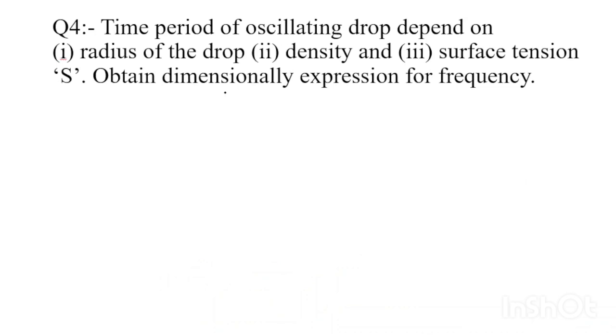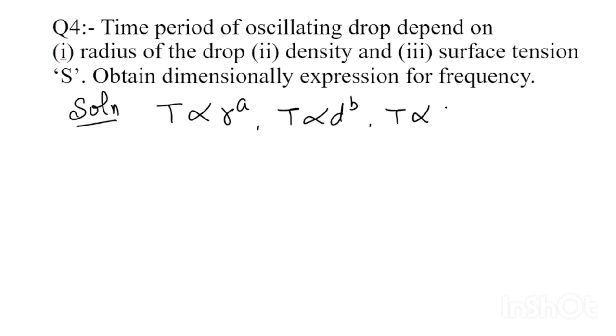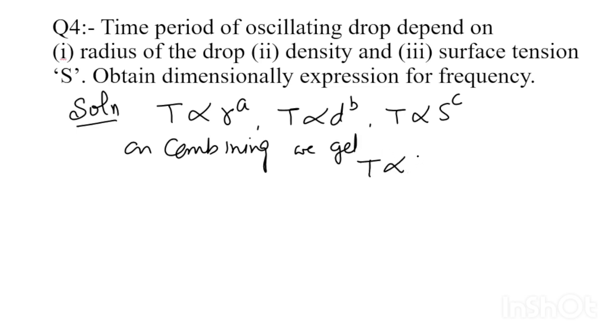The time period of an oscillating drop depends upon radius. So we write time period depends upon r power a, density power b, surface tension power c. On combining, we get t proportional to r power a, d power b, s power c.